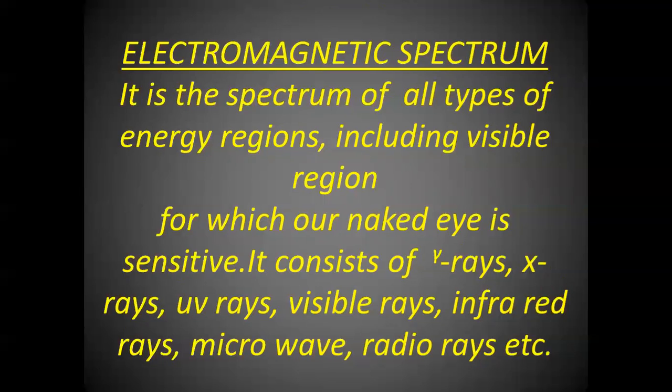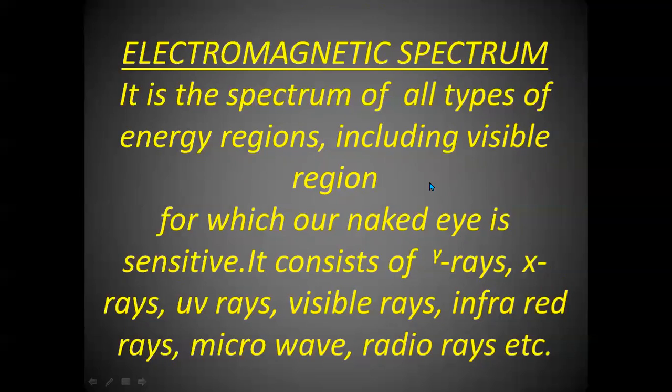We know that a very small portion of energy is visible to our naked eye, which is called the visible spectrum or visible region. So the visible region is a very small region of electromagnetic radiations which is visible to our eye.